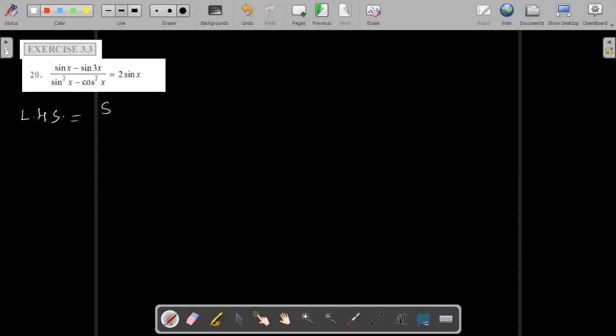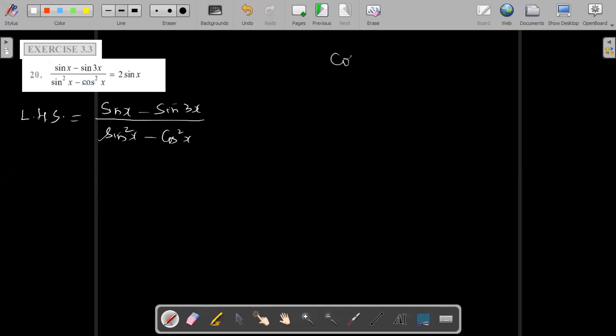Numerator is sin x minus sin 3x divided by sin square x minus cos square x.